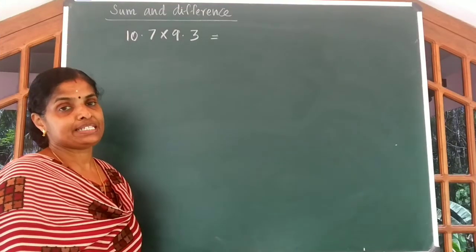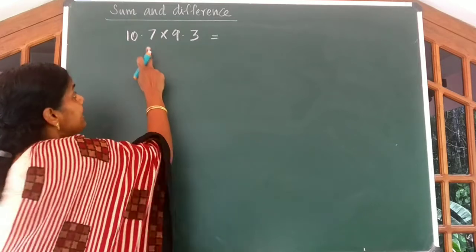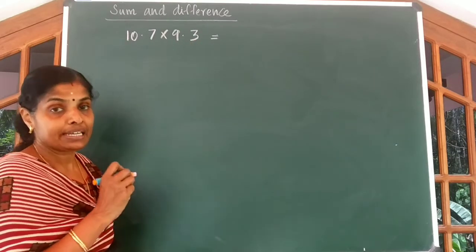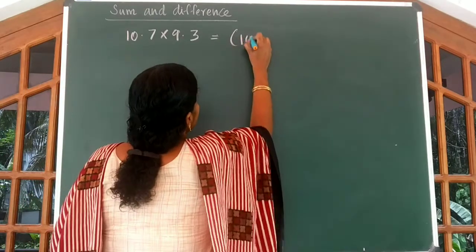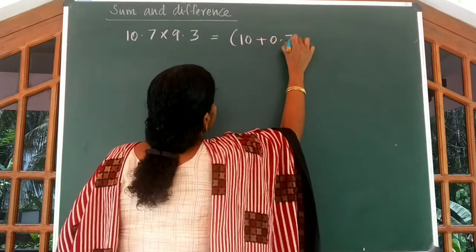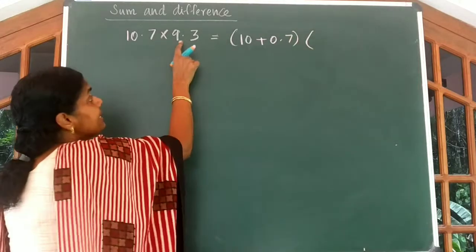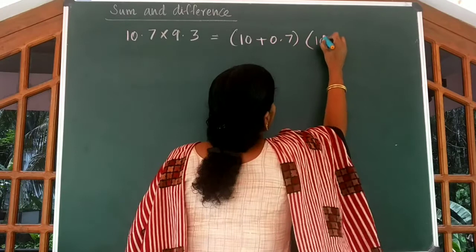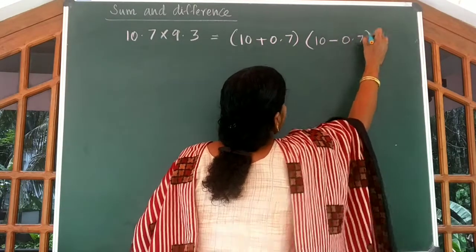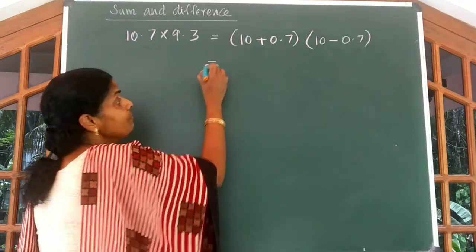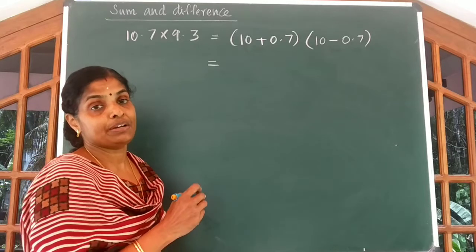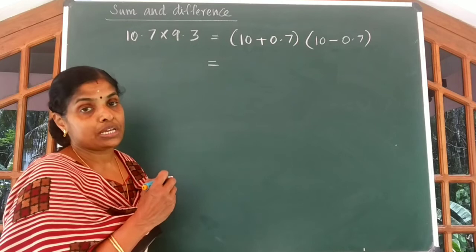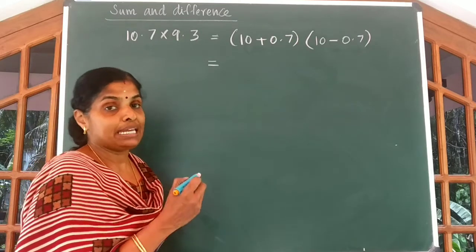Last sub question in the first one. 10.7 into 9.3. 10.7 can be written as 10 plus 0.7. And how do you write 9.3, children? You can write it as 10 minus 0.7. Here again we can understand this is of the form (a plus b) into (a minus b), which gives you a squared minus b squared.